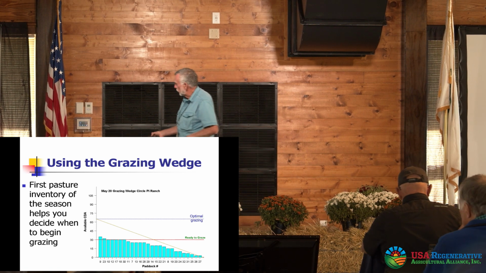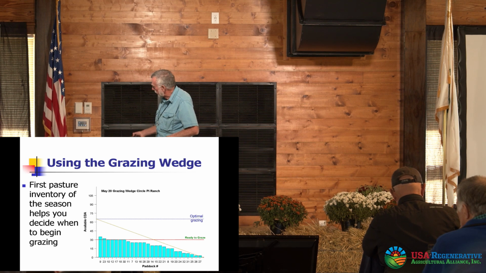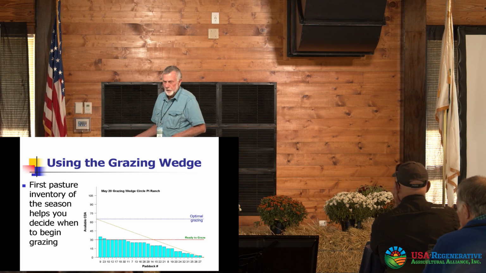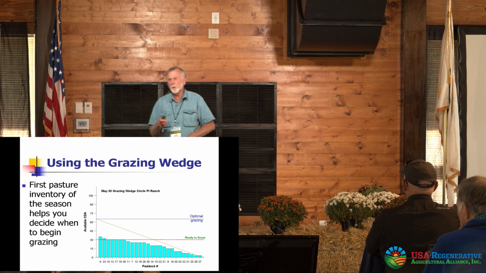The optimal grazing line I have set at 65 here. I have actually raised that to 77. Is it because I've made the pasture so much more productive?